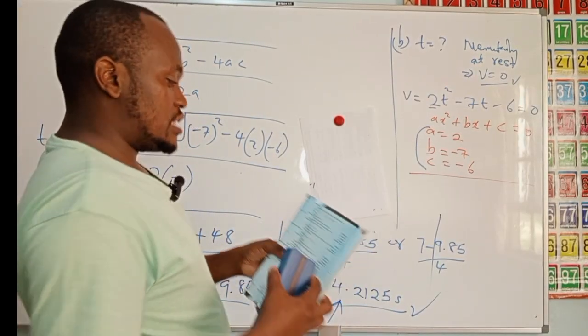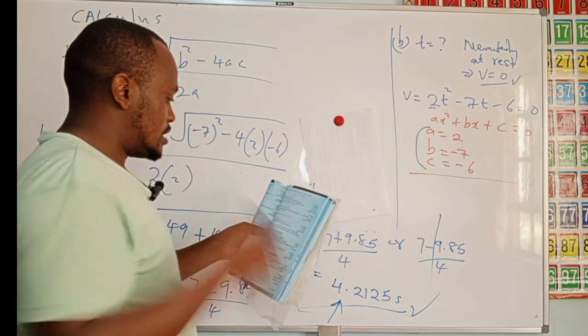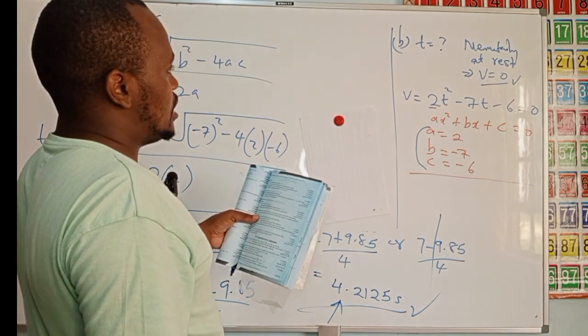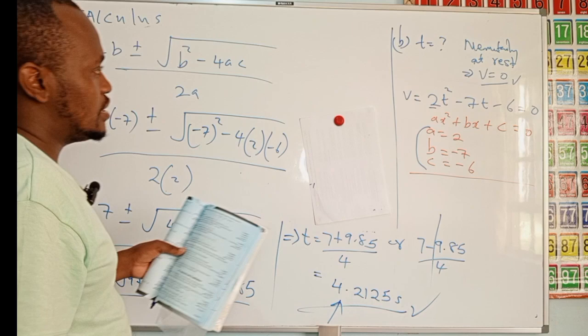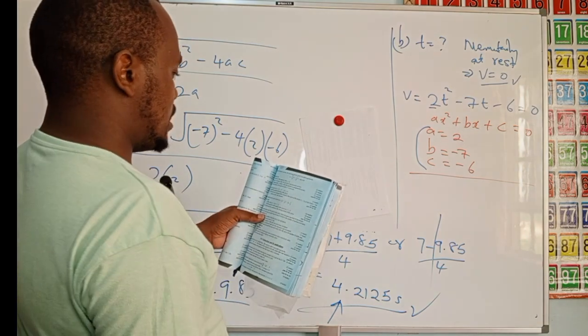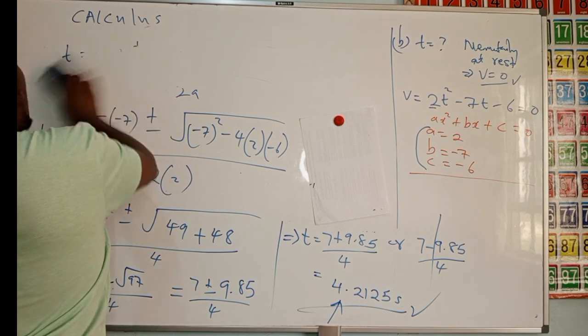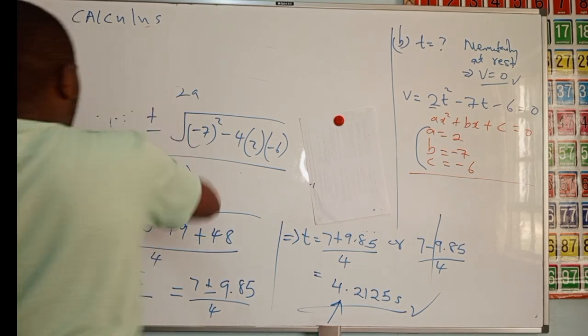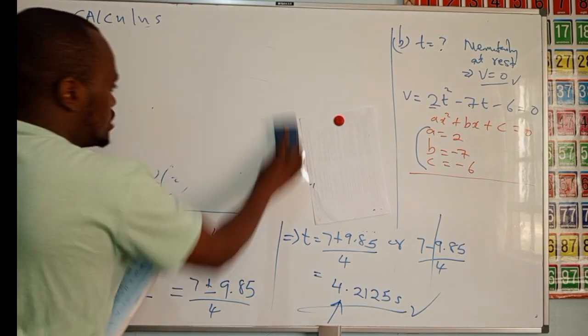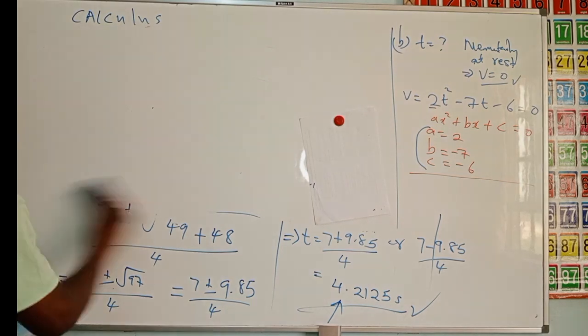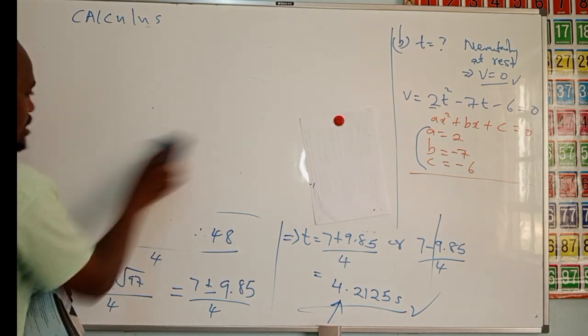Now, the next question, part C, asks for the displacement. I wish I had not deleted the question, but I think I'll indicate it there. Now we are being asked for the displacement when the particle is momentarily at rest.